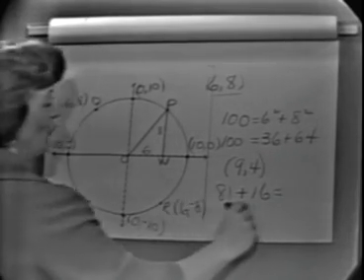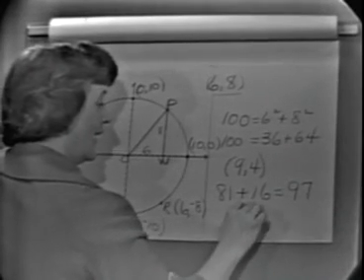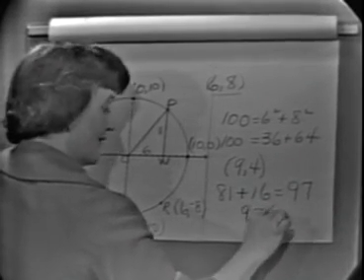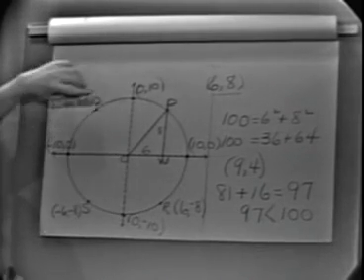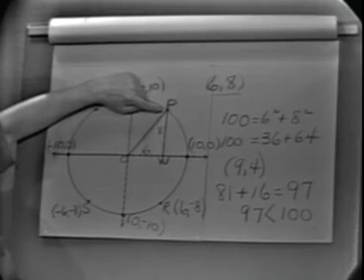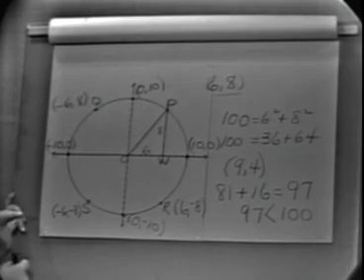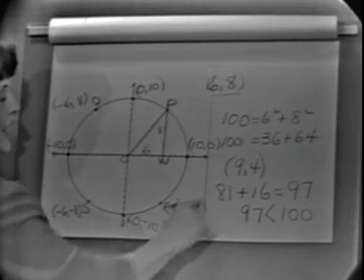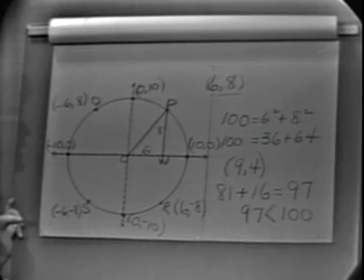We see that it is 97. 97 is less than 100. So this point does not lie on the circle, but lies inside. Again, consider another point. How about 9, 4.5? Is that a coordinate for a point on the circle? Try it.